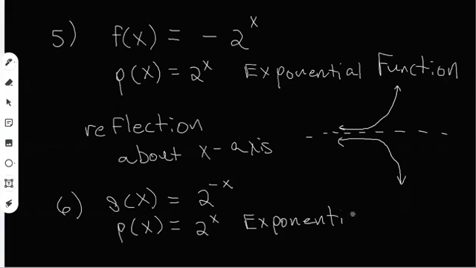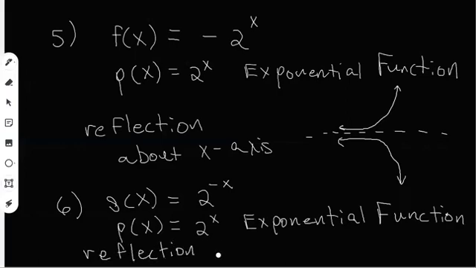But are we reflecting over the x-axis or are we reflecting over the y-axis? Well, since the negative is actually with the x this time, this is a reflection about the y-axis. So this is totally different, right? This is going to be a reflection about the y-axis.